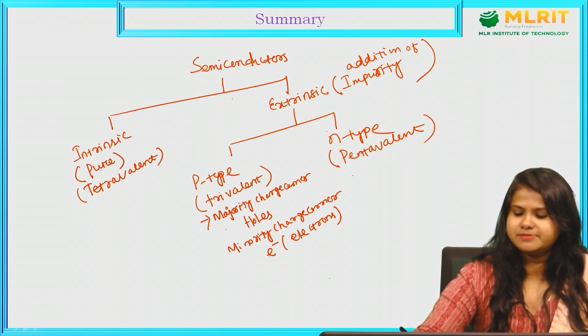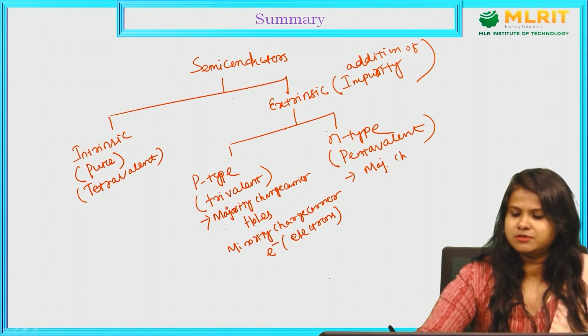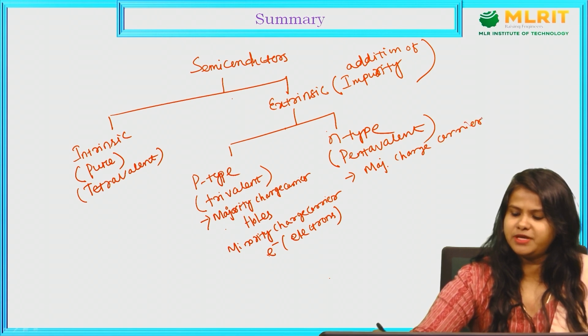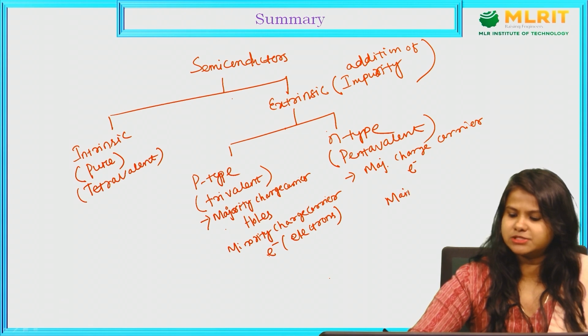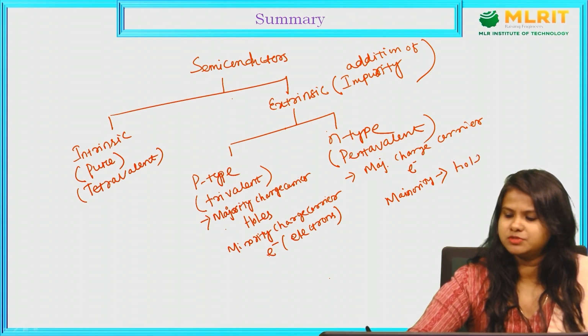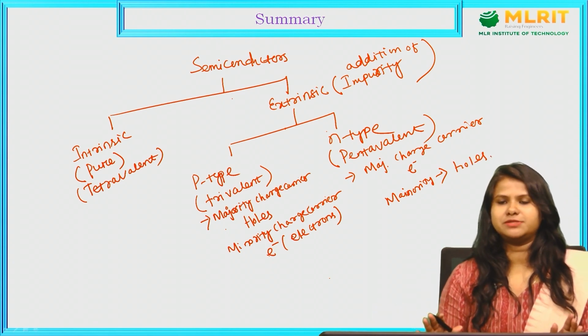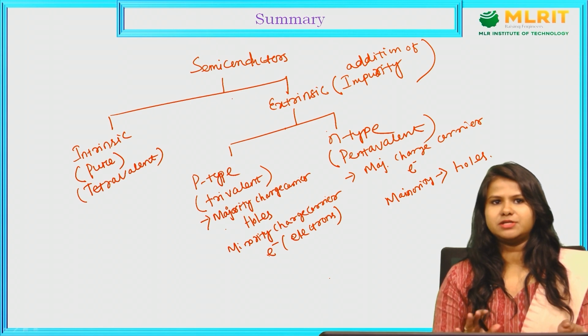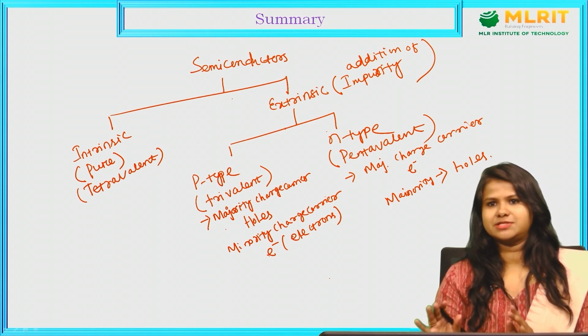For n-type semiconductor, the majority charge carrier will be electrons and the minority charge carrier will be holes. So, this is all about the classification of semiconductors into intrinsic and extrinsic semiconductors.